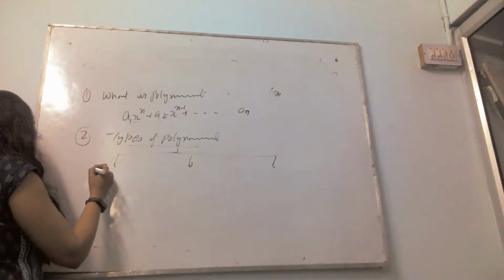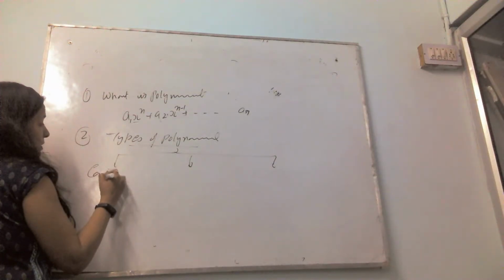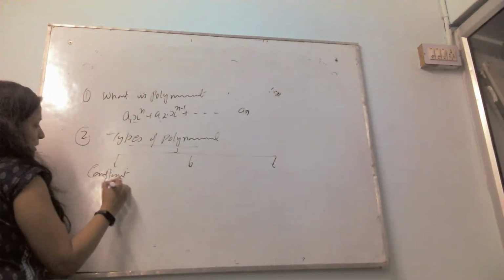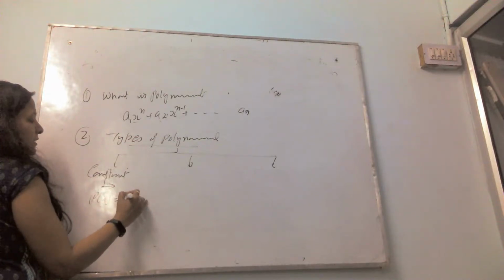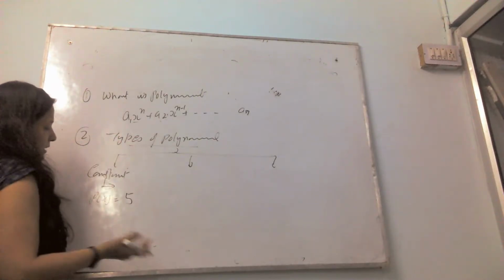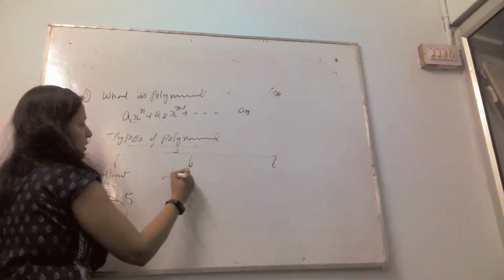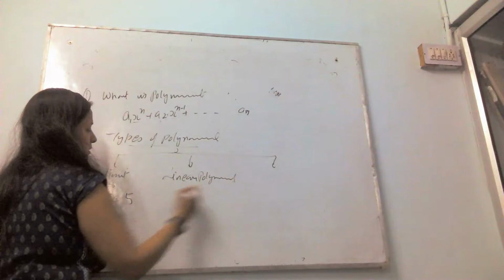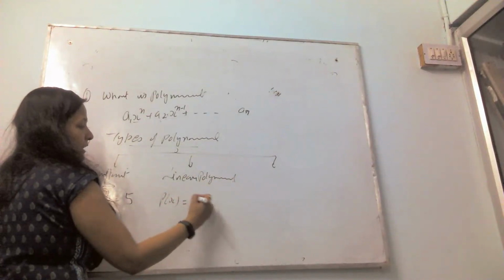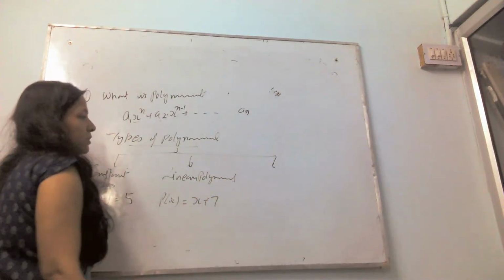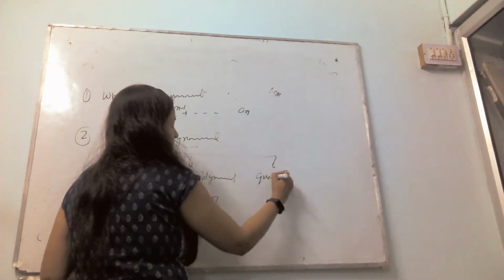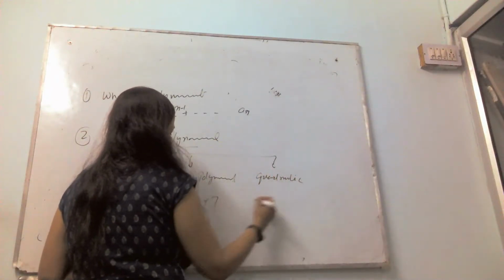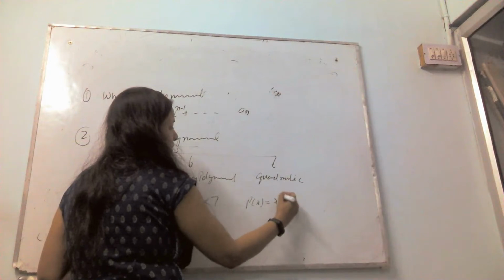First is called a constant polynomial, that means any single digit with no variable. Linear polynomial, a polynomial in the form of x, maximum power 1. Quadratic polynomial, maximum power 2.